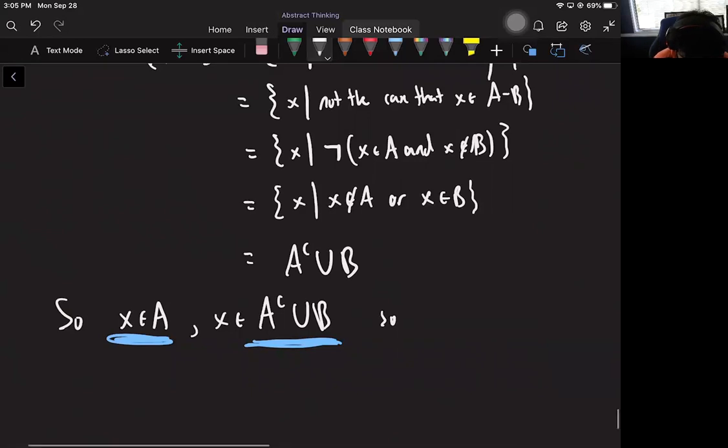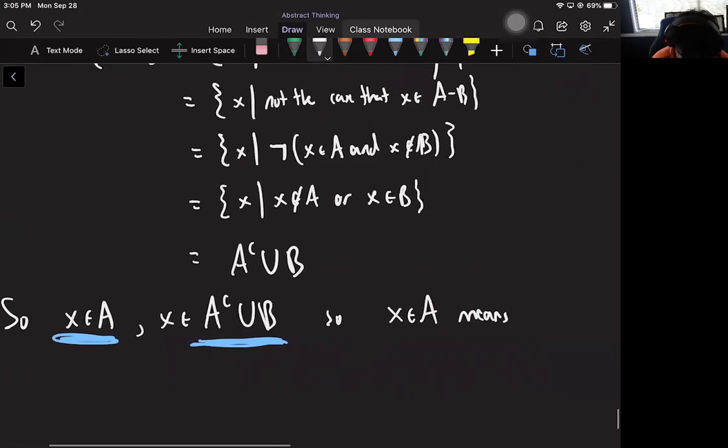Well, that would mean it cannot be in the first one, and it's only in the second one. But X being in A cannot happen at the same time as X being in A complement. They are separate from each other. If it's in A, it's not in A complement, and vice versa. So that can't be in there.